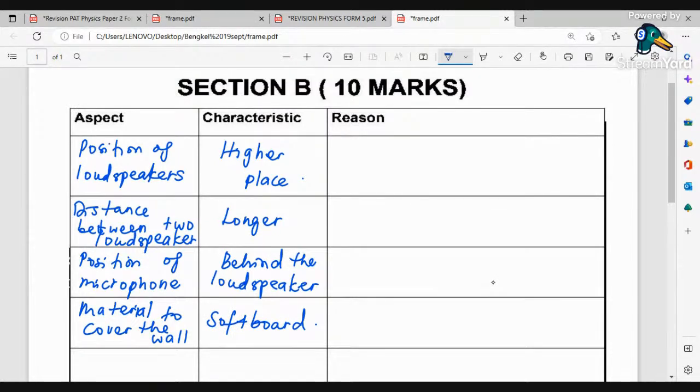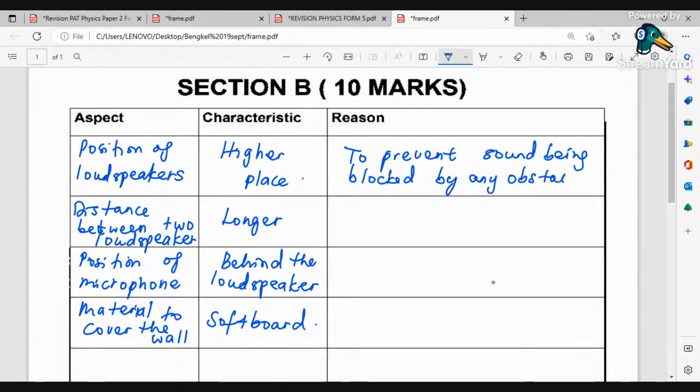Reason: to prevent sound being blocked by any obstacle, because at a high place there is no obstacle.